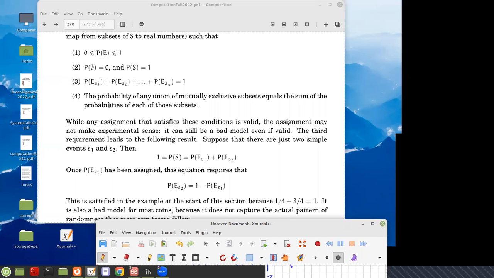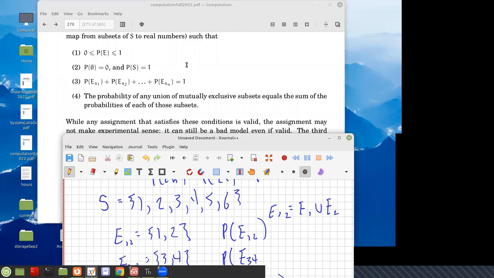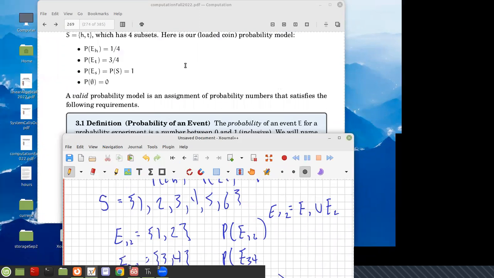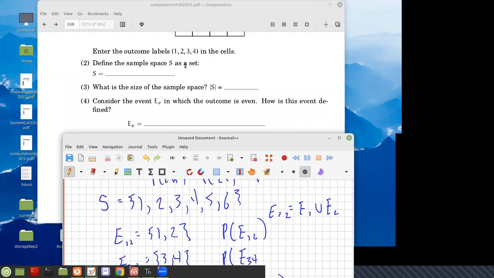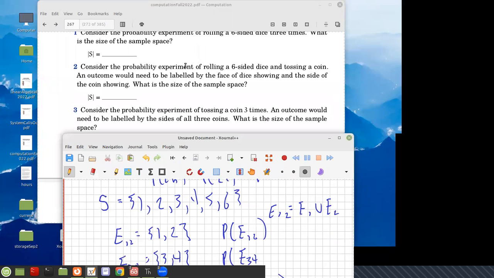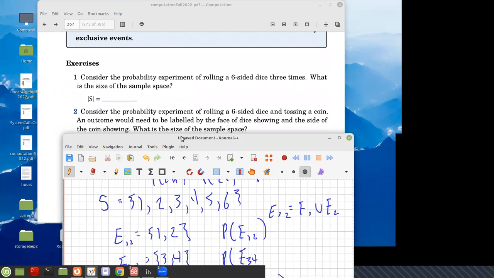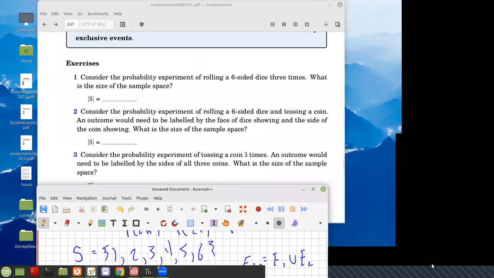And so that's what we want to do. Maybe we can slow down here a little bit and go back, and then we will look at some of these exercises.